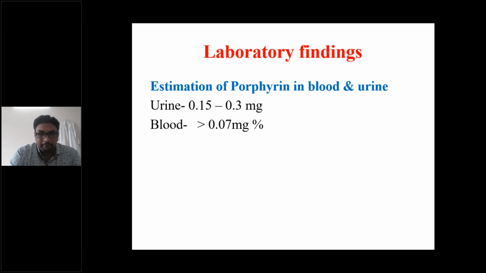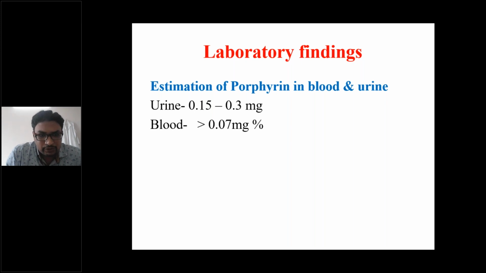These pre-products like protoporphyrin are increased in the blood and urine. So if you find increased amounts of porphyrin in the blood and urine, that indicates the person is suffering from lead poisoning or there is some abnormality in the synthesis of heme.